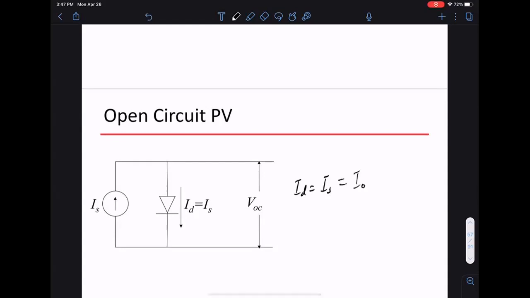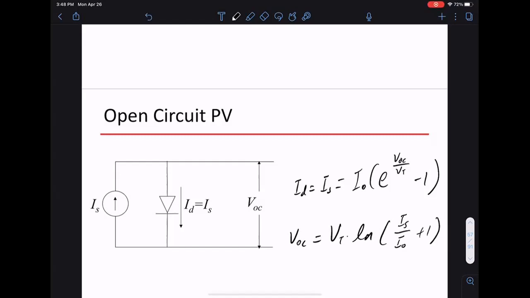This is equal to I0 times e to the open circuit voltage over VT, minus 1. We can invert this and we get the open circuit voltage is VT times the natural log of IS over I0 plus 1. So these are sometimes the quantities we care about.